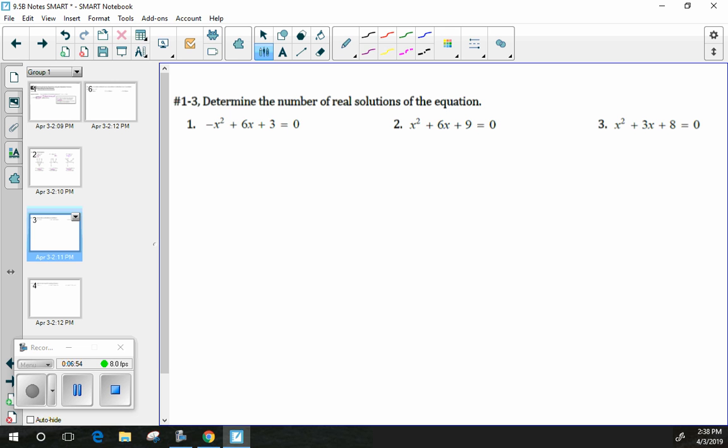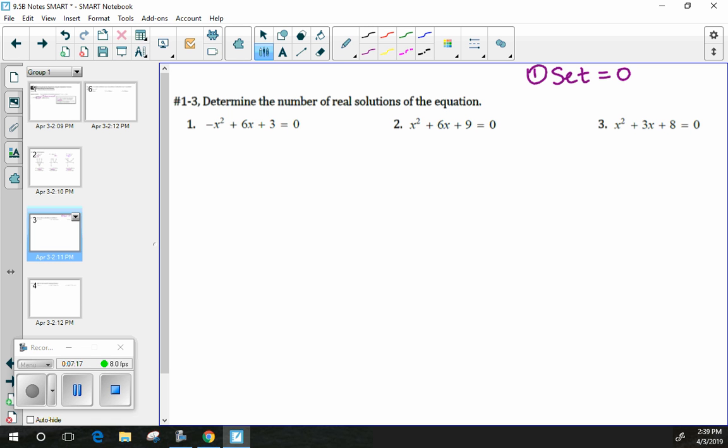Determine the number of real solutions in the equation. So all they want is the number of real solutions, not what they are. We don't have to solve all the way here, okay? So if we go through this step by step, step 1 is make sure that it is set equal to 0 before you begin, so you pick the correct A, B, and C values.